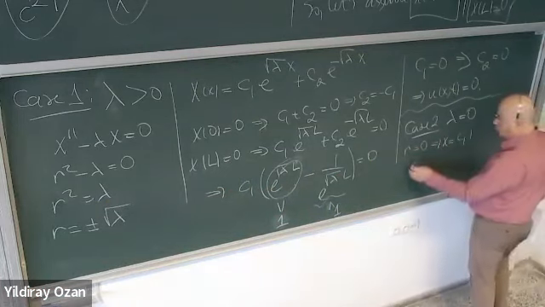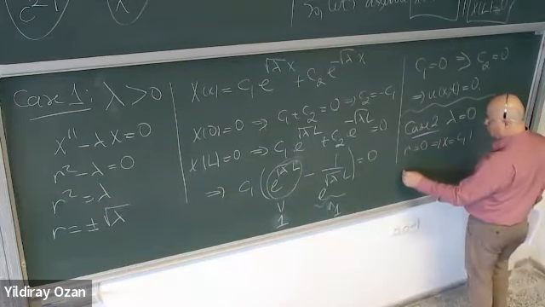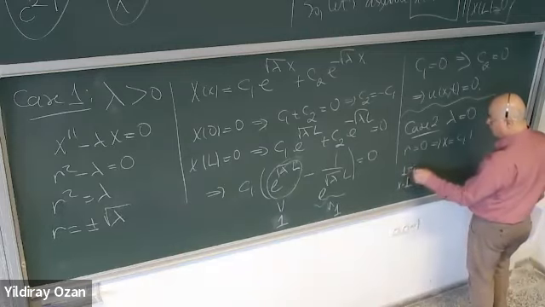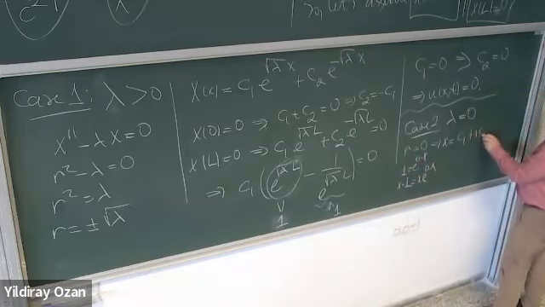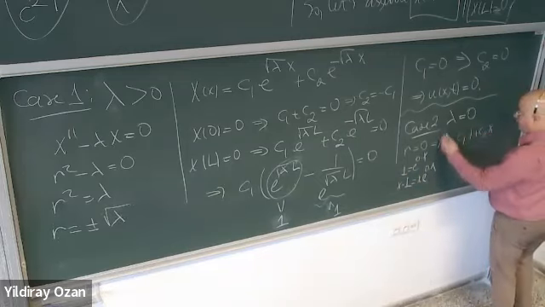So what are the solutions? One solution is just 1. The other one is x times 1, right? This is e to the power 0x, and this is x times e to the power 0x. So we have this. So this is X of x.